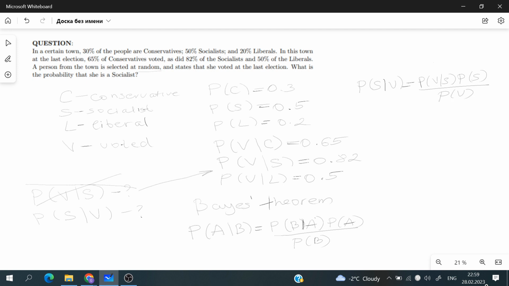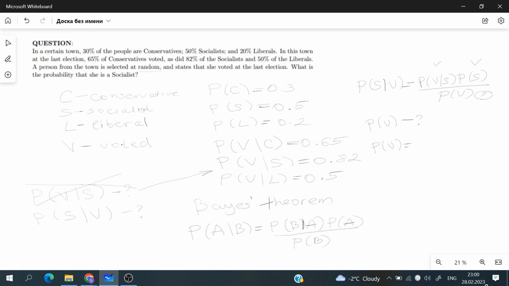So we are given this information, which is 0.82, this information, which is 0.5, but we're not given probability that she voted, right? How to find it? So we need to find first this one. With the information that we are given, we might express it in the following way.